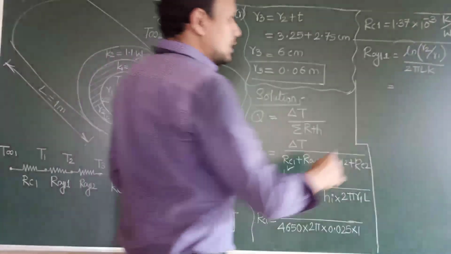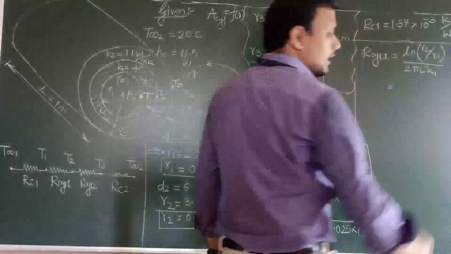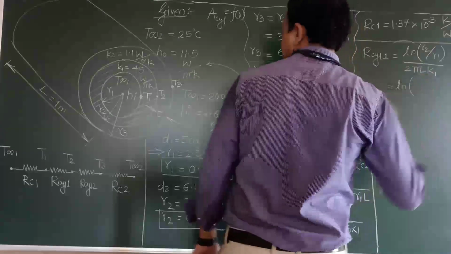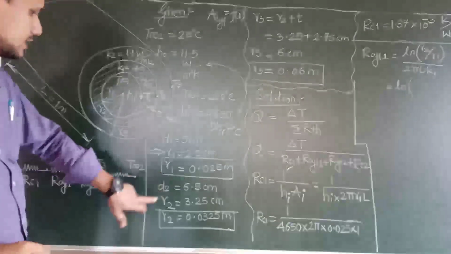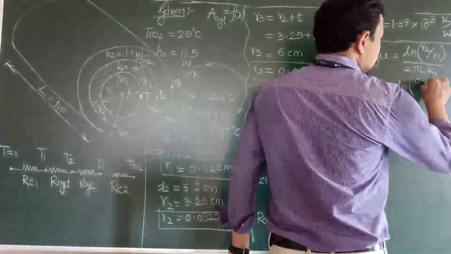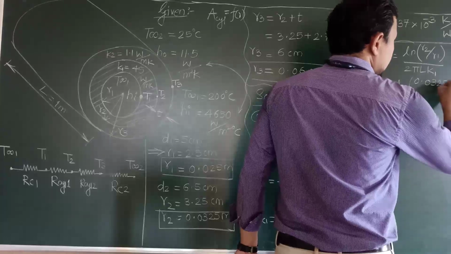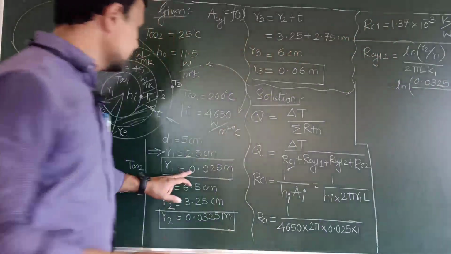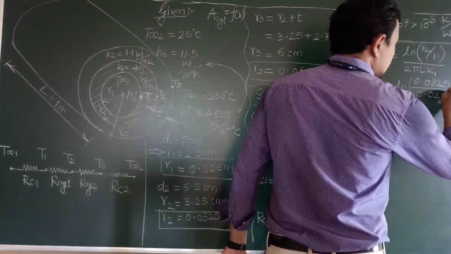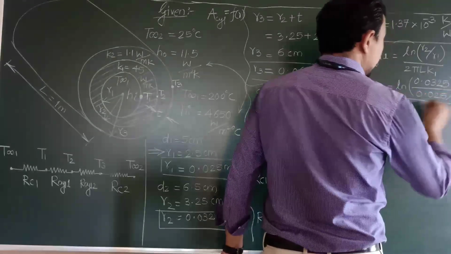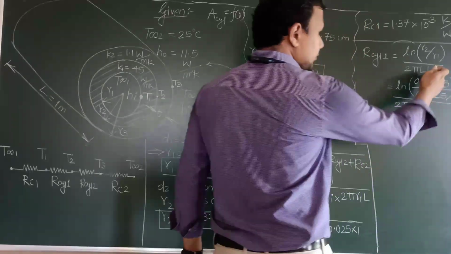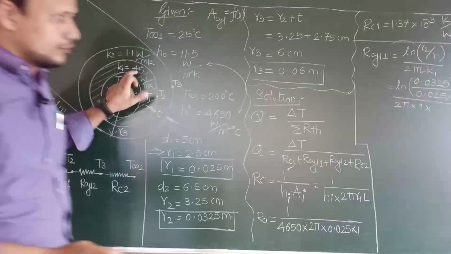The first cylindrical material is that of the pipe, so this will be K1. So ln of R2, which is known to us 0.0325 meter, divided by R1, which is 0.025 meter, divided by 2 pi times 1 times K, and K for the material is 45.